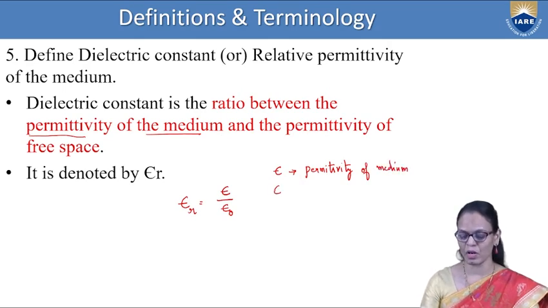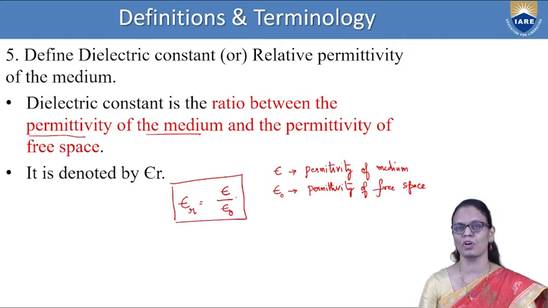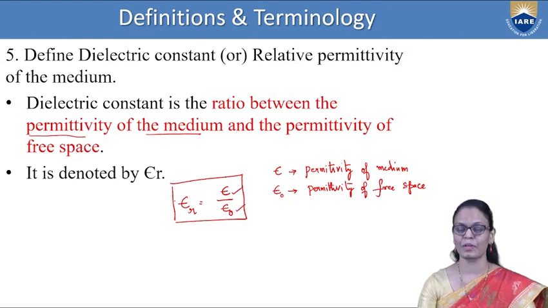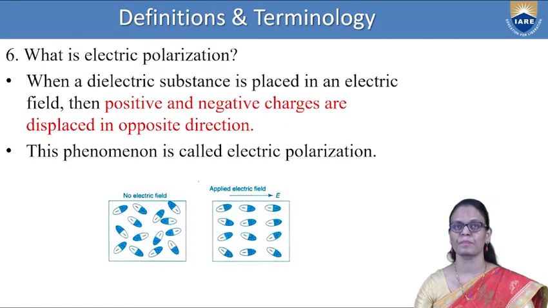And epsilon naught is the permittivity of free space, or vacuum, we say. So we are defining epsilon r as the ratio of the permittivity of the medium to the permittivity of free space. So this is the formula for dielectric constant.